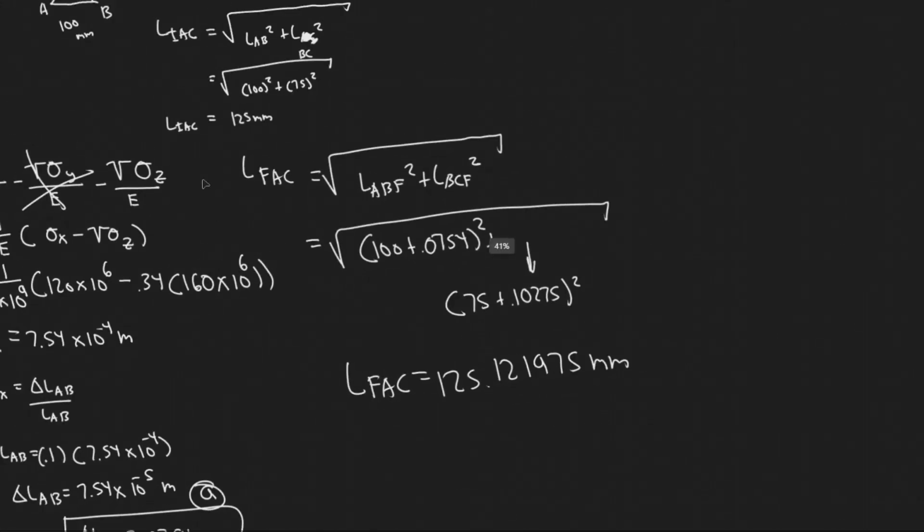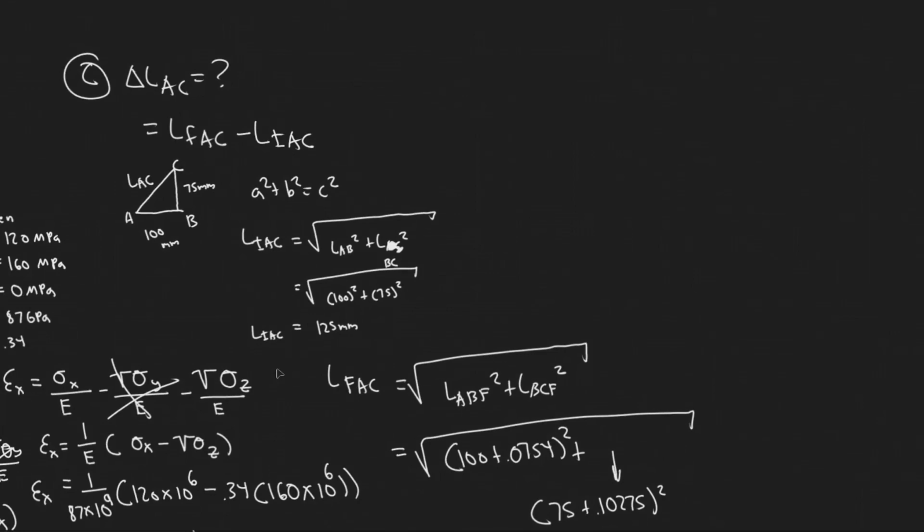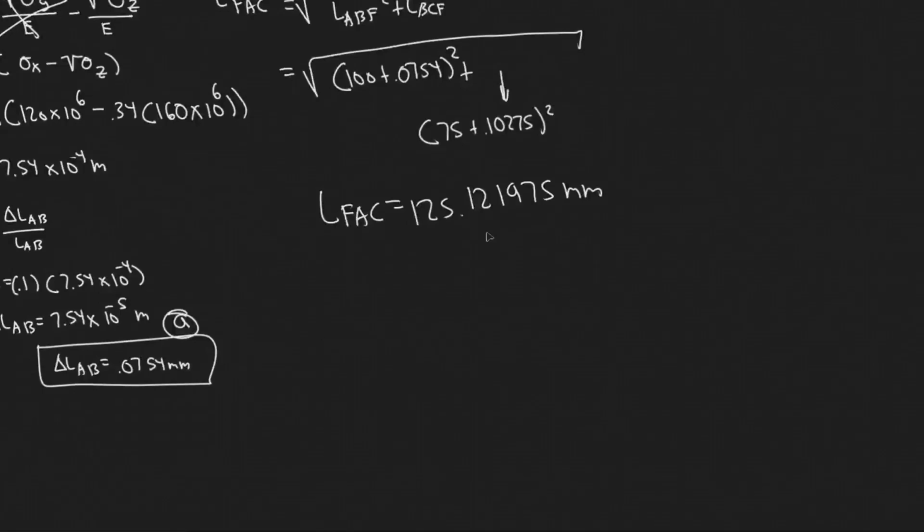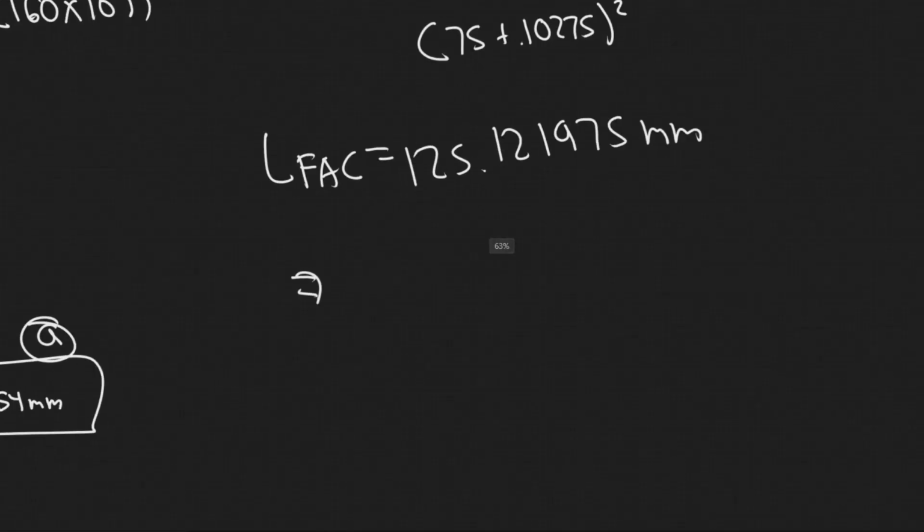And then, yeah, so now we have our final, which we needed, and we have our initial, which is right here. And then the change is just the difference. So you're taking this value right here and then minusing this value. So let's write that down. 125.121975 minus 125.